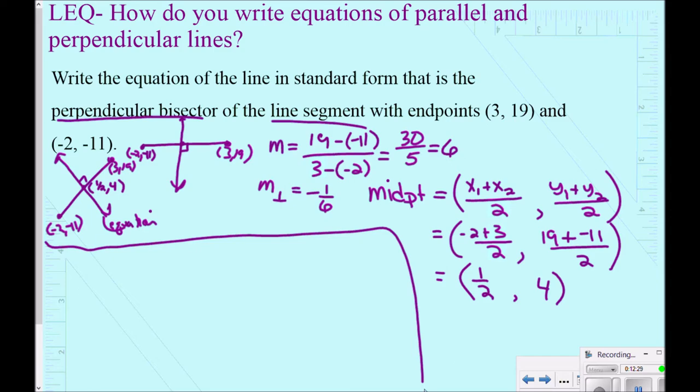It doesn't really matter which. Since point slope is newer to us, let's use that one just to get some more practice. So remember y minus y1, and the point I'm using is the midpoint, 4, is equal to the slope of our perpendicular, -1/6, times the quantity x minus x1, which is -1/2. So that's our equation in point slope form.